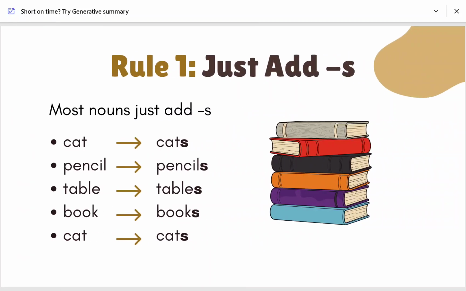Okay. Now rule 1. Most nouns become plural by adding s. For example, cat. Cat is a singular noun. When we add an extra s, that means the cat becomes more than one cat.